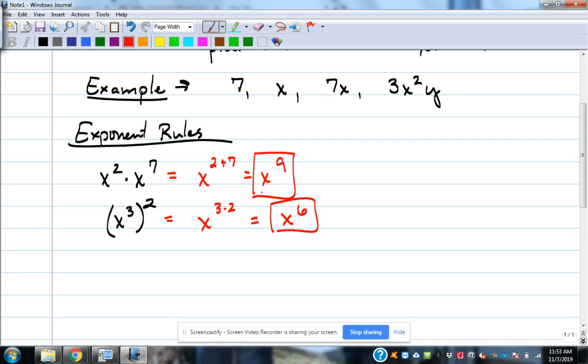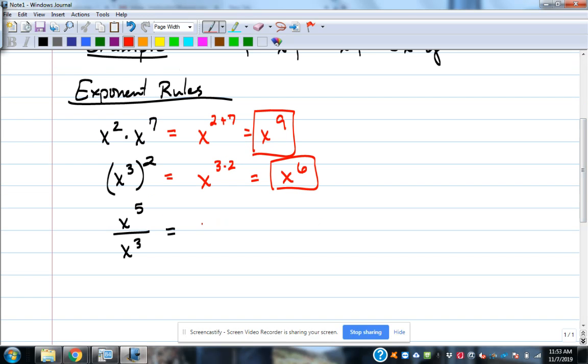So exponent rule there, it's the power of a power, so you're multiplying those exponents. Division. Subtract, yeah. So x to the 5 minus 3. Always the top exponent minus the bottom exponent. And then that'd be x to the 2nd power.